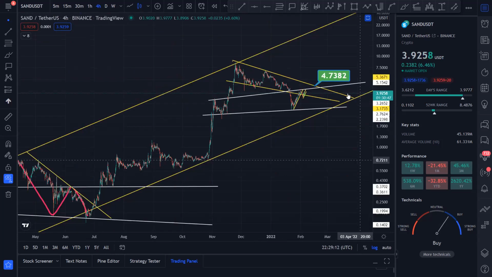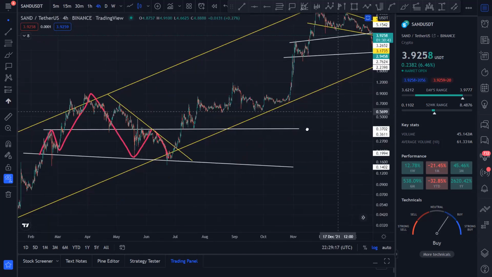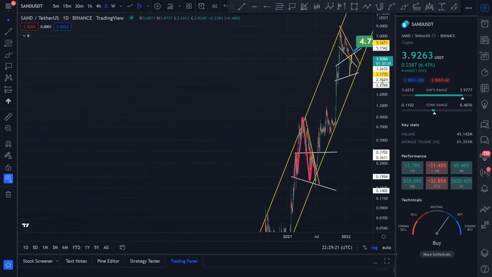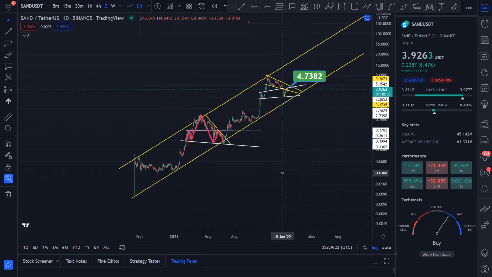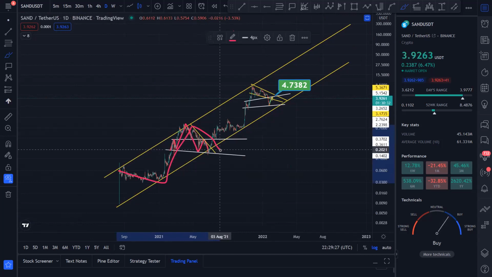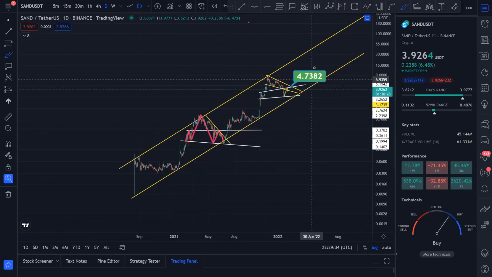It has happened before. You can look at this structure and then look at this structure. They're pretty similar. Like I told you, this is how Sand is going, this is how the momentum is. So if this happens, you already know where Sand can go next.